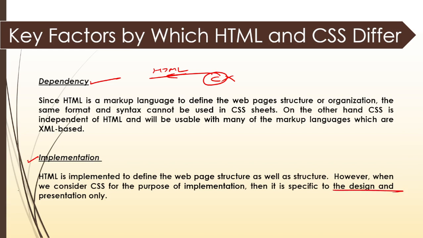This particular statement is very important for your examination. CSS's main purpose is to specify the design and presentation of that particular web page that we have structured by using HTML or any other XML based markup language.